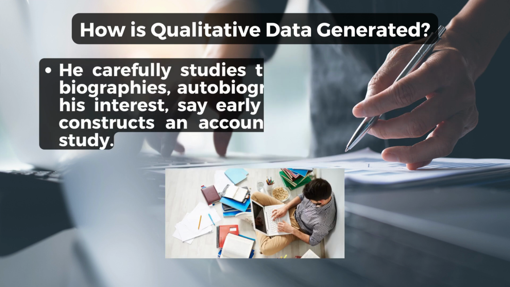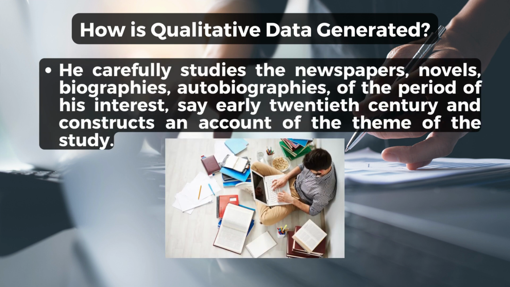Or maybe he carefully studies the newspapers, novels, biographies, autobiographies of the period of his interest, say early 20th century, and constructs an account of the theme of the study.